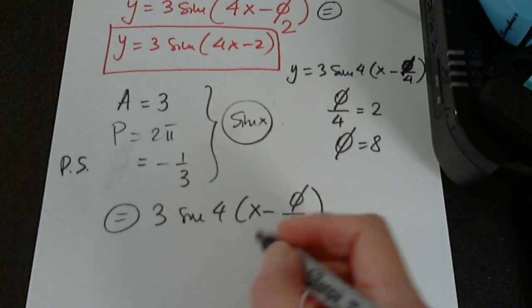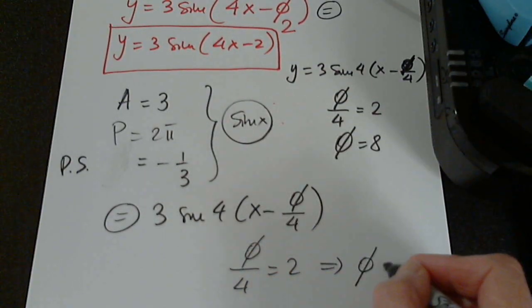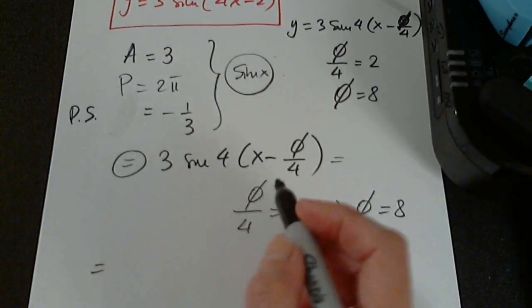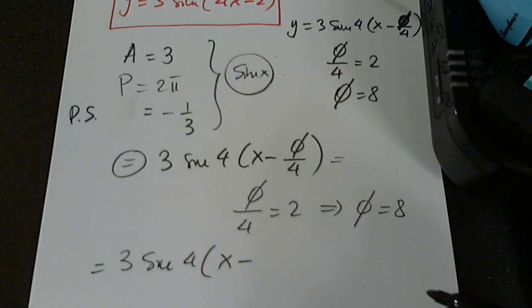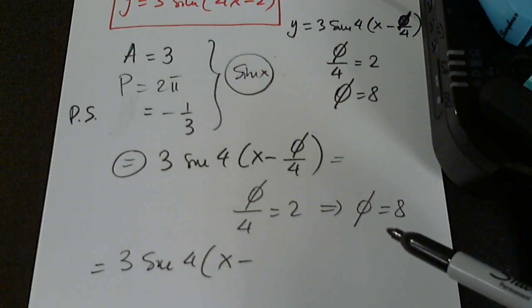The phase shift was 2. So phi over 4 equals 2, which means phi equals 8. So then this is 3 sine 4 x minus 8.